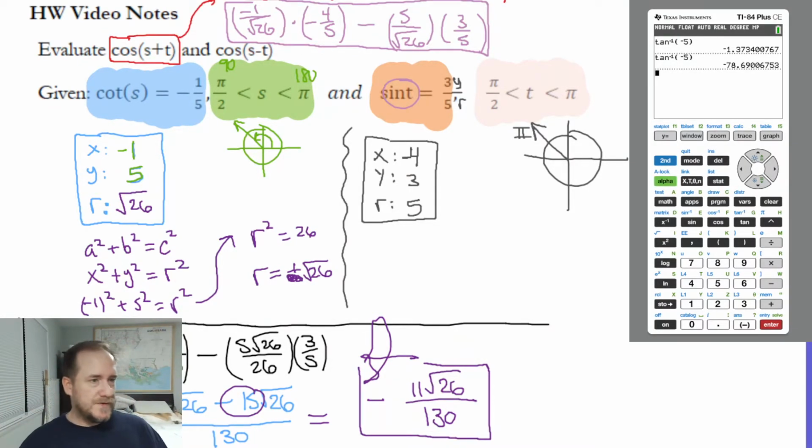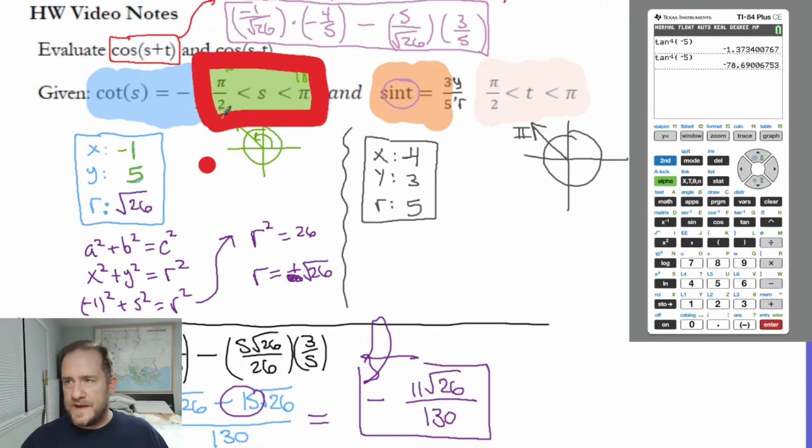because it says right here that our angle is actually supposed to be living in quadrant 2, right? So let's see if you guys follow this. Well, the angle that I was given, that negative 78, that's a 78.69 degree reference angle, right?